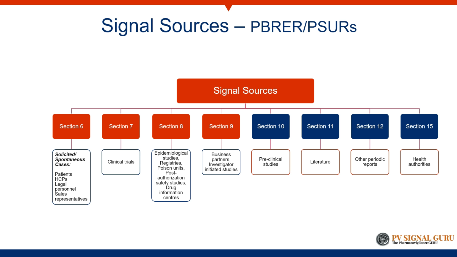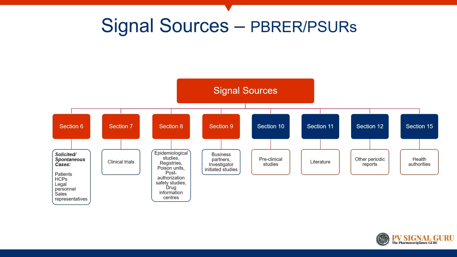Section 9, information from other clinical trials and sources. This section covers information from business partners or investigator-initiated trials, which are also sources of signals. Section 10, non-clinical data. This section includes findings from the preclinical or non-clinical studies.